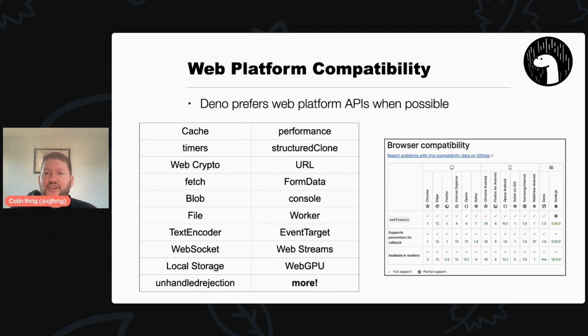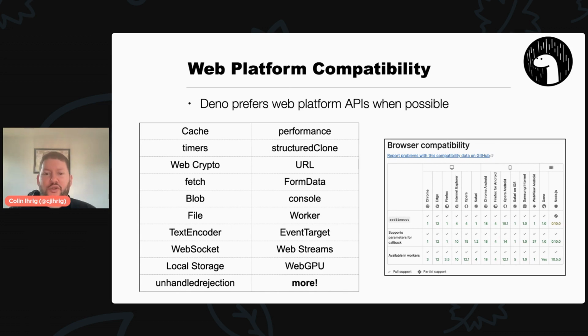And then Deno is actually listed on the browser compatibility tables, which is shown here on the right. So if you look at this screenshot, the two far right-hand columns are for Deno and Node.js, and you'll see that Deno has a nice little check mark. It supported setTimeout since the 1.0 release. Node.js has also supported setTimeout since 0.10, which would have been many years ago at this point.